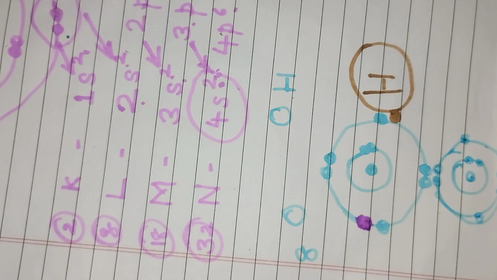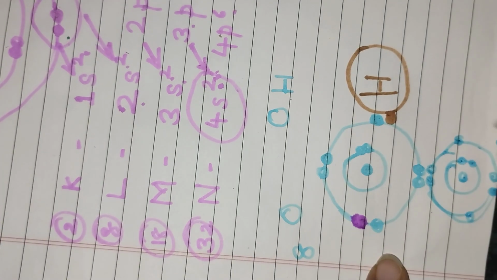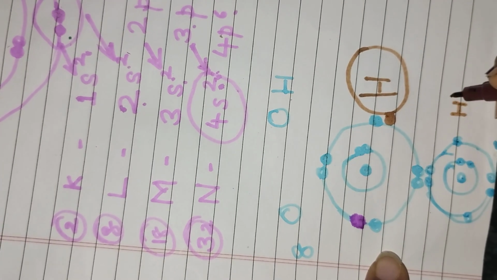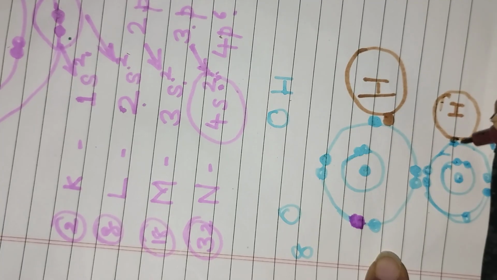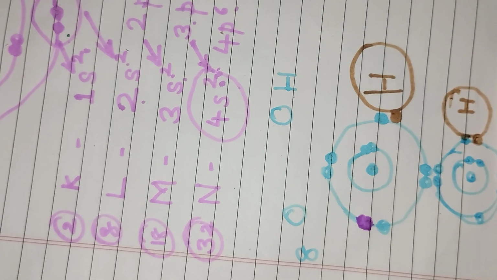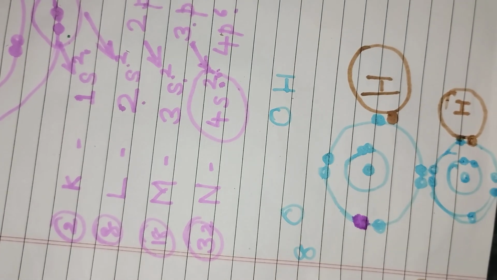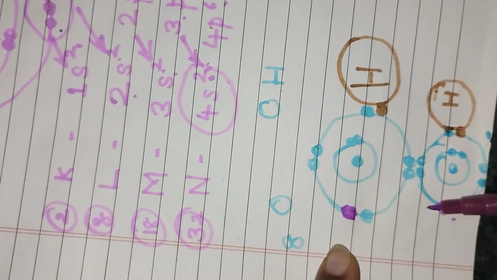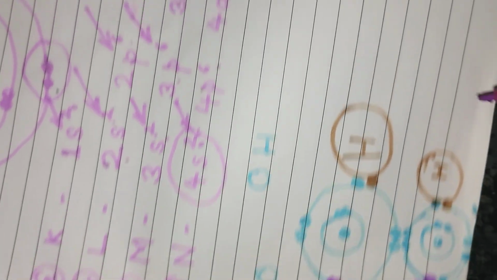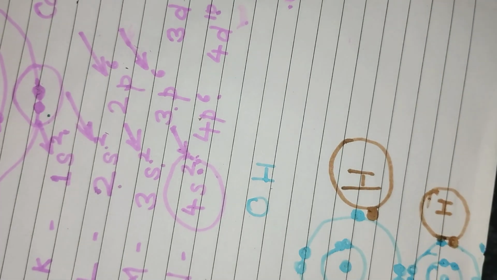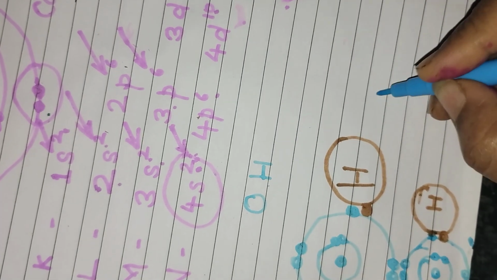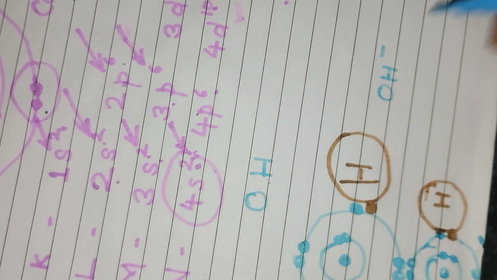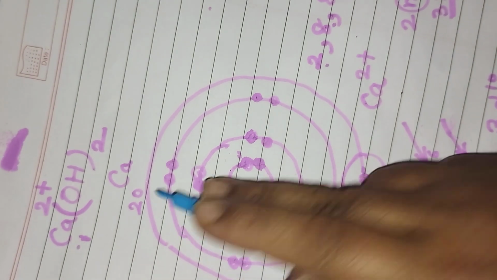Hydrogen is sharing 1 of its electrons, so one more electron comes from calcium. So calcium has given 2 of its electrons, and this tends to form OH minus. So we have OH minus and Ca2+ here.